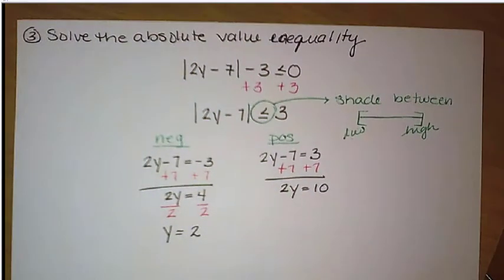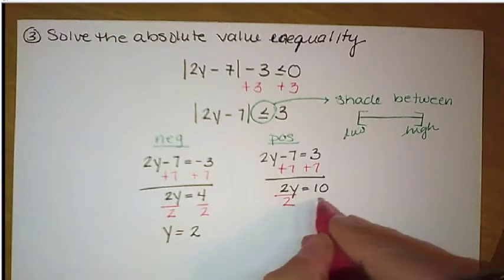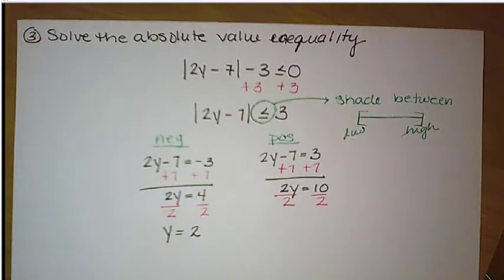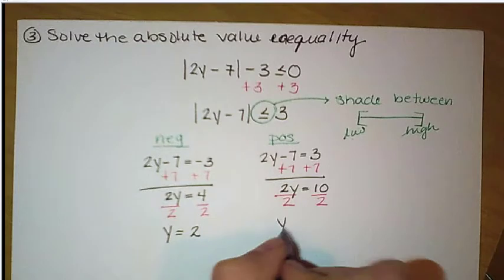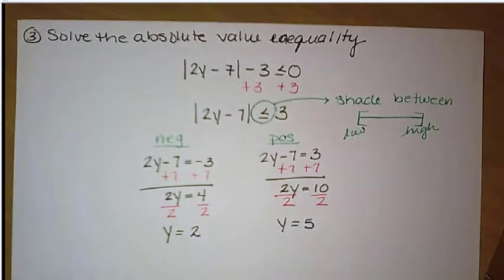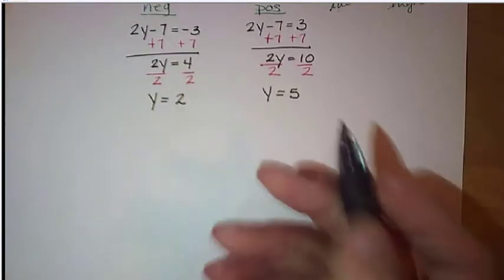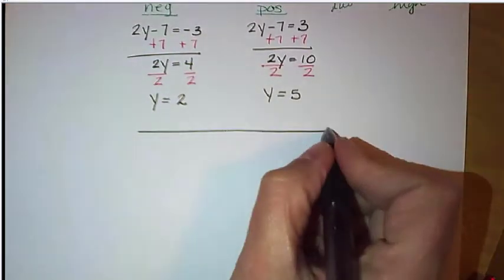And then we're going to divide both sides by 2. So we get that y equals 5. So now we know that our low is 2 and our high is 5, and we can go on to graphing our problem and then writing in our interval notation.